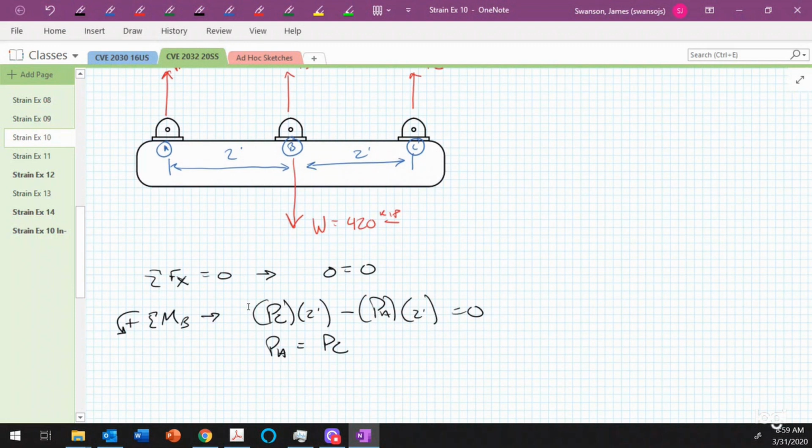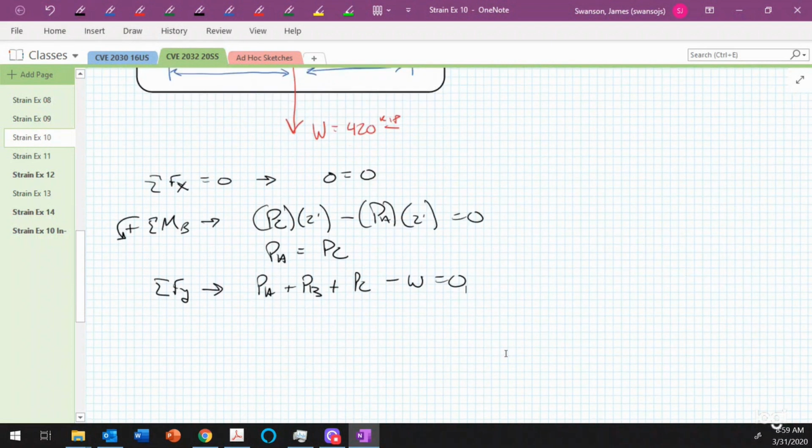And then finally, we can write the third equation that we have. The sum of the forces in the y direction is equal to 0. And there we end up with P sub A plus P sub B plus P sub C minus W equals 0.